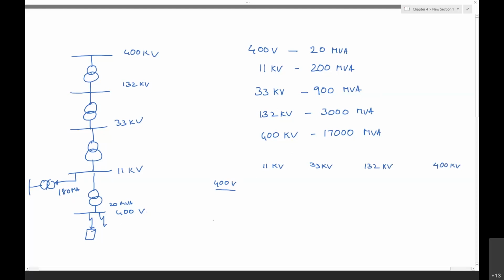We know one of the basic equations for the PCC voltage. We are going to find out the PCC voltage only, but during the fault condition. In this case, we have seen one of the equations as ZF by ZS plus ZF.